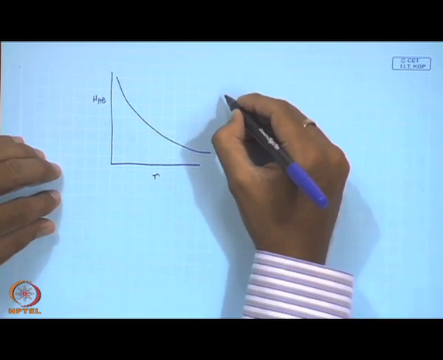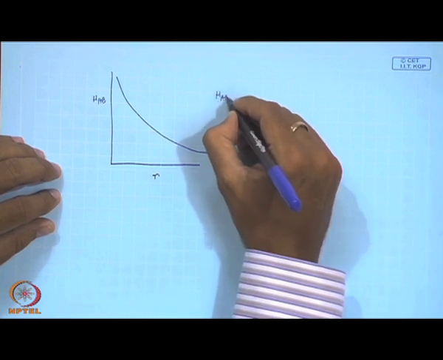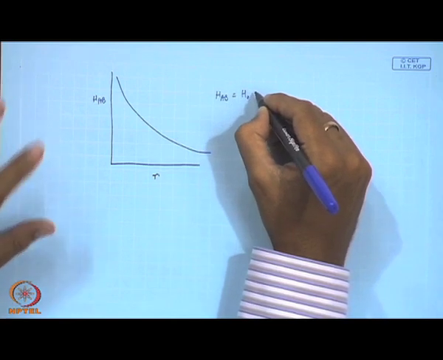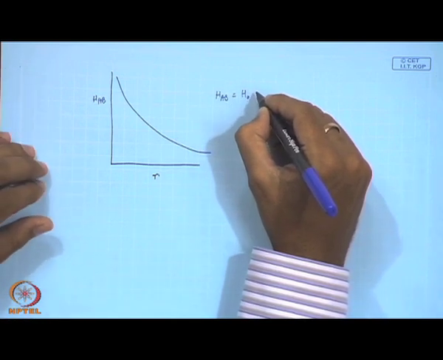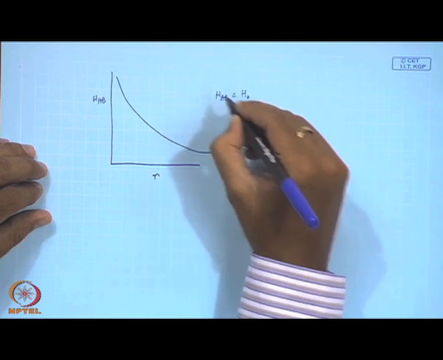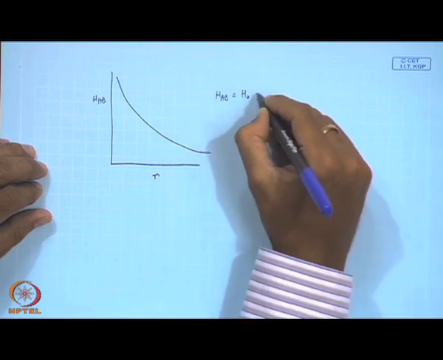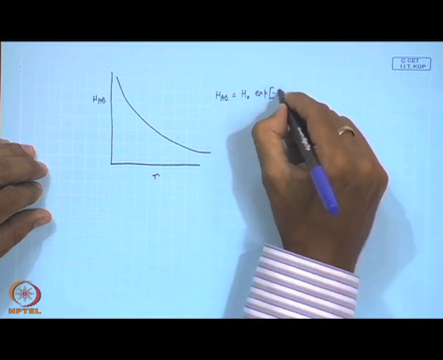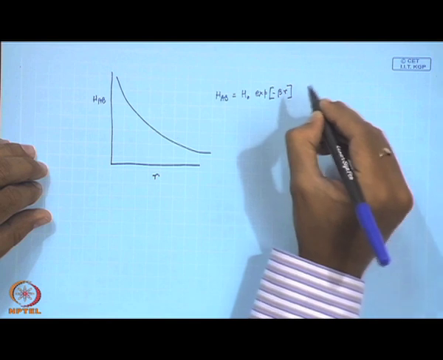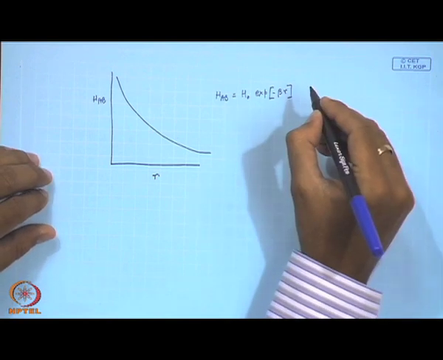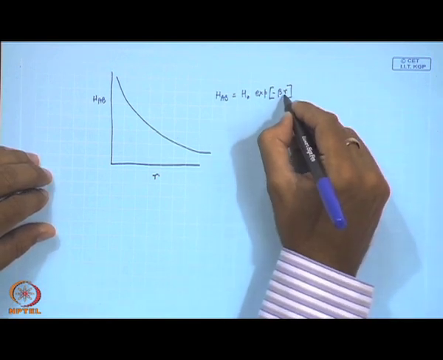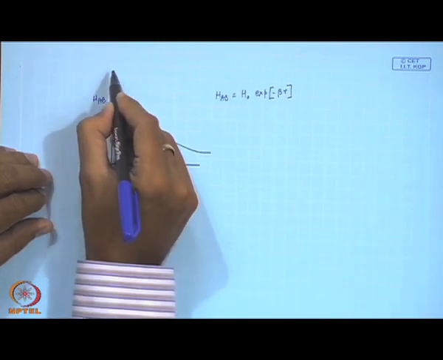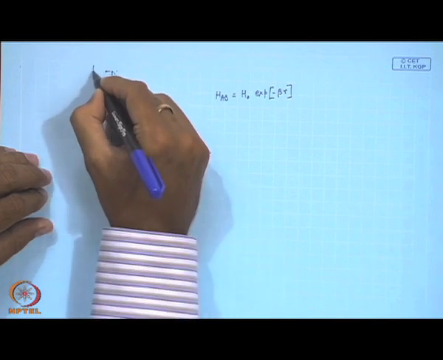What are the other terms that are there in HAB? HAB is equal to H naught, which is the steady value that will be achieved, into exponential to the power minus beta R. Maybe at 0 value of R, whatever number you will get, that is your H0.